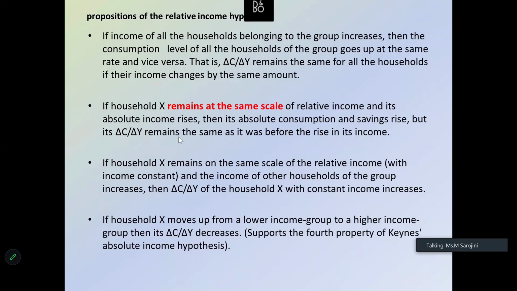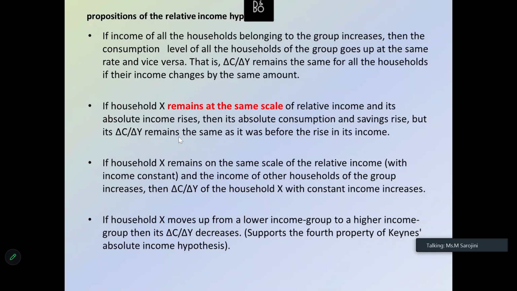The income of other households of the group increases, right? Here, the household X's income is the same, not changed. But the other group's income increases. Then the MPC of household X with constant income increases.